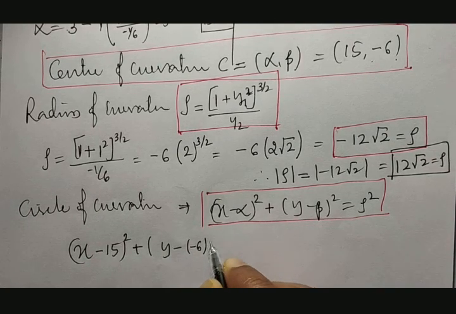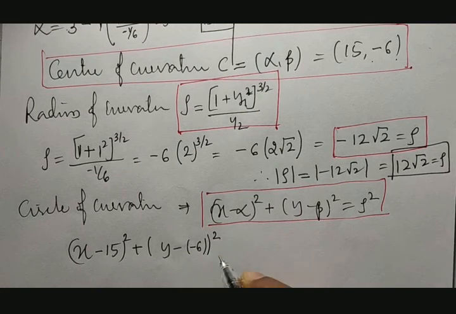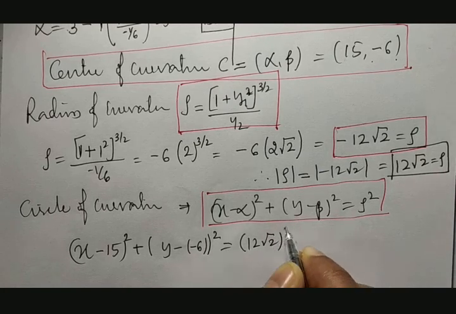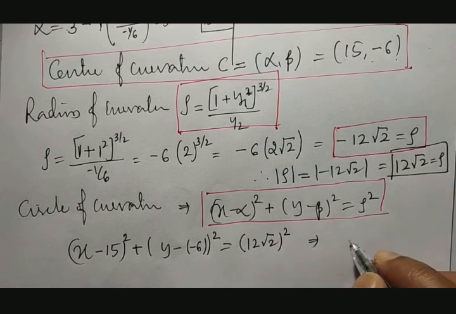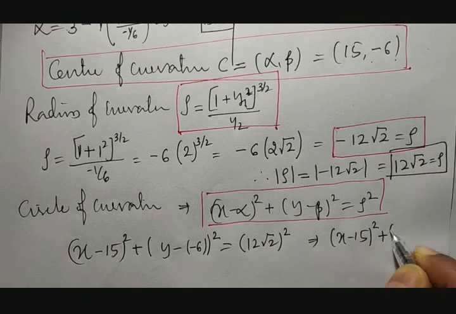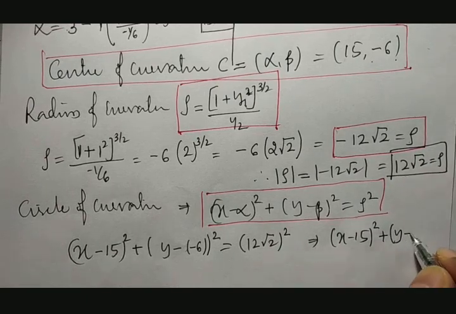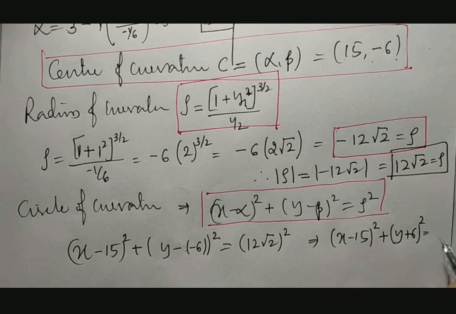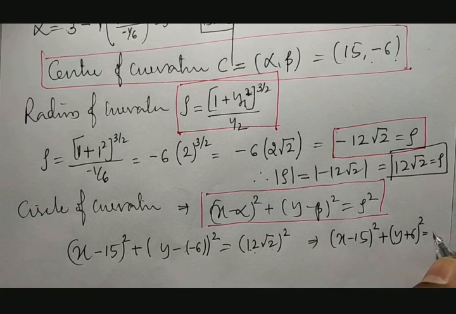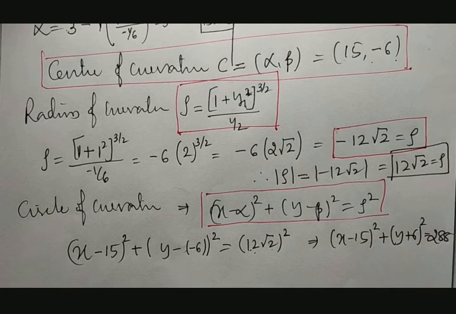Minus 6, the square, which is equal to rho square. Rho is 12 root 2, the square. Therefore, x minus 15 square plus y minus of minus 6, that is plus 6, square is equal to 12 square, 144, into 2, that is 288.